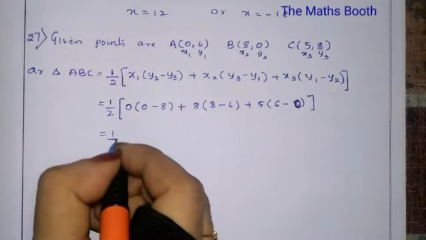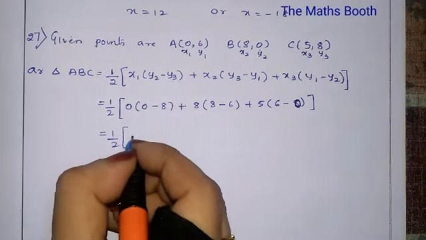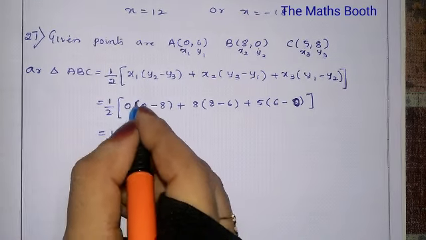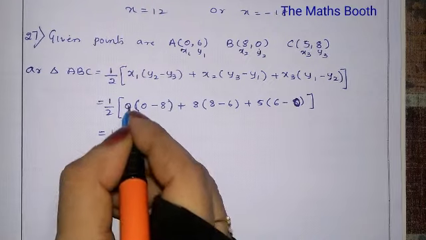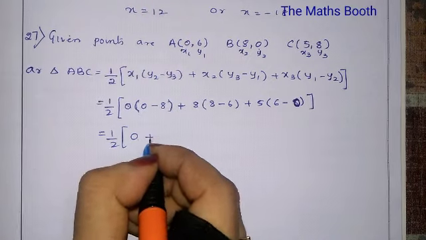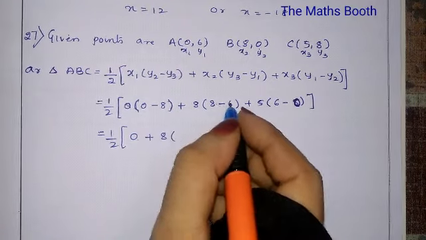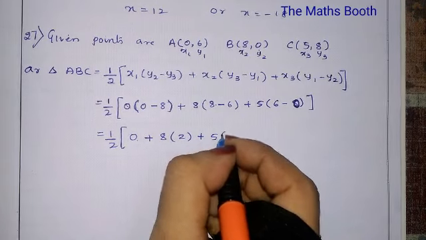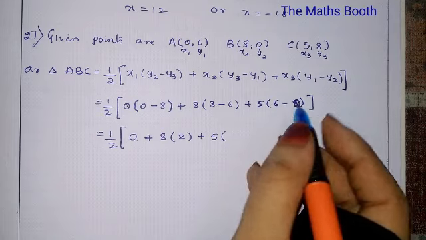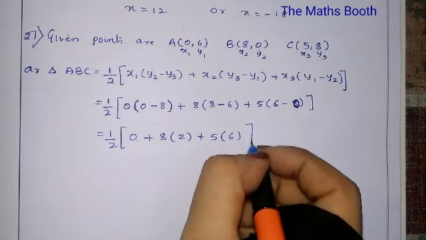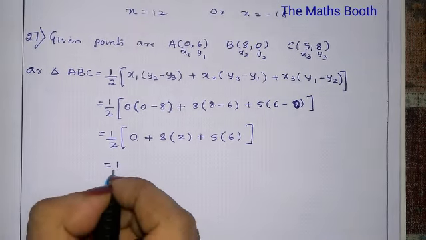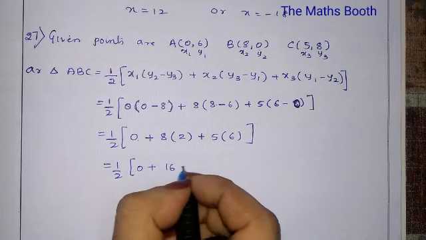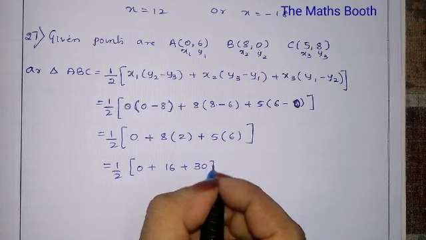Half, 0 into any number is 0, this bracket multiplied by 0 is 0, plus 8 into 8 minus 6 is 2, plus 5 into 6 minus 0 is 6. So half into 0 plus 8 2s are 16 plus 5 6s are 30.